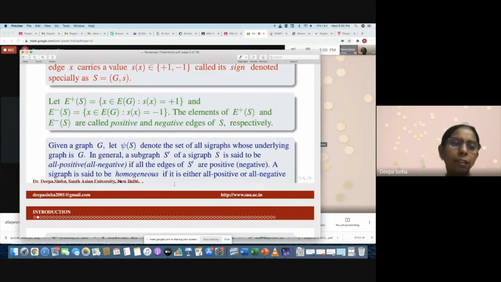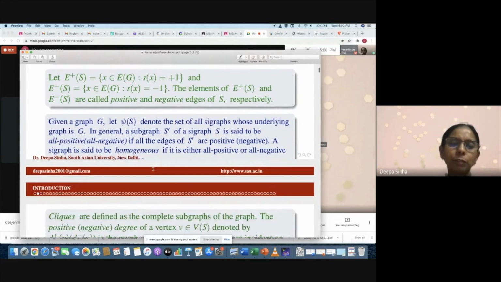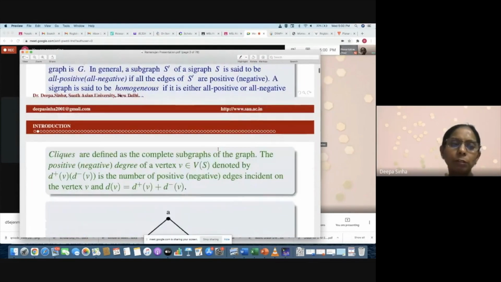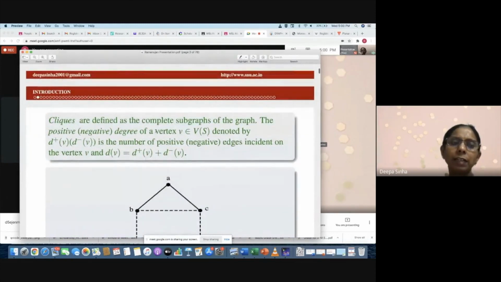A sign graph will be said to be homogeneous if it is either all positive or all negative. If all the edges receive plus 1 sign, then it is homogeneous, and if all the edges receive minus sign, then also it is homogeneous. And cliques are defined as the complete subgraphs of the graph.